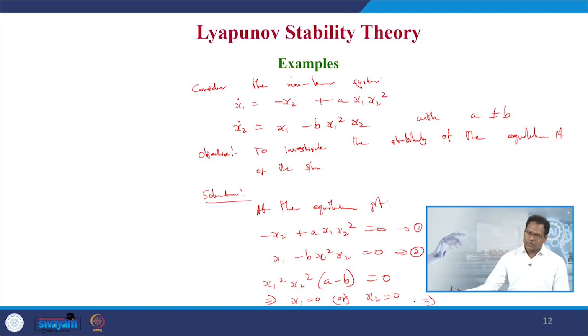Here, which implies that x1 equal to 0 and x2 equal to 0 is the unique equilibrium point for the system.